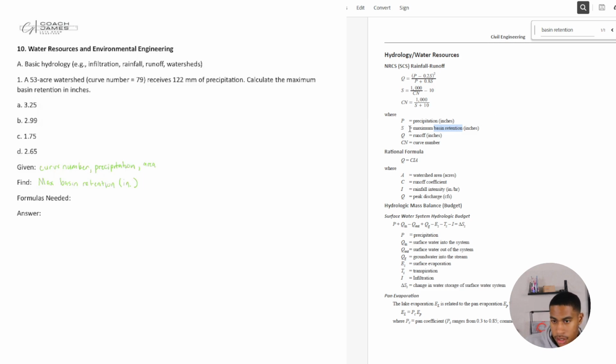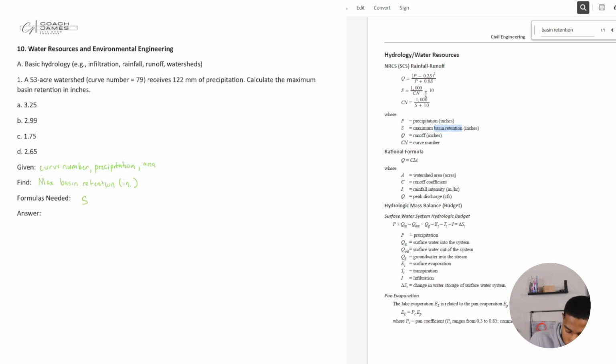Cool, so I feel like I may be in the right area. So S is equal to 1000 over CN minus 10. CN is a curve number, and we have a curve number, which is 79. So I have all the variables I need to be able to solve this question.